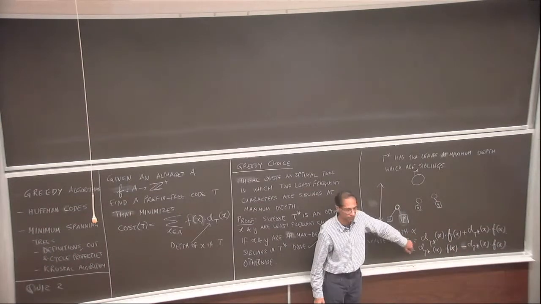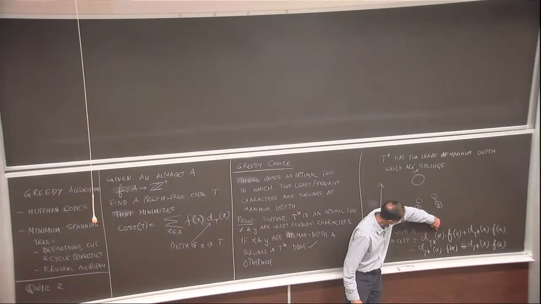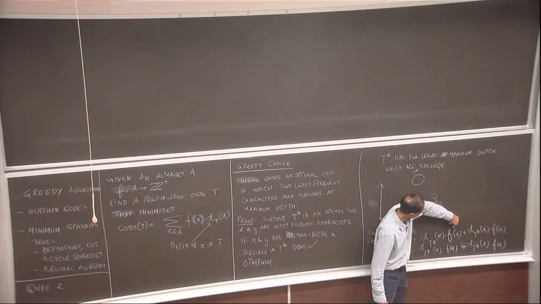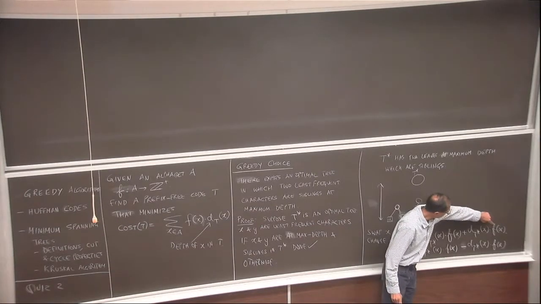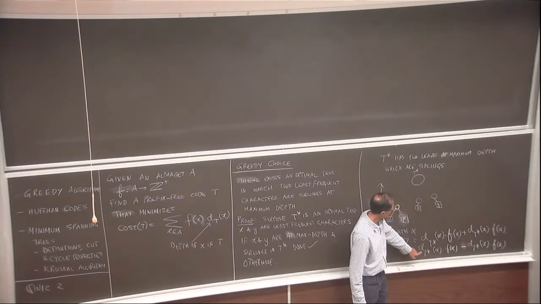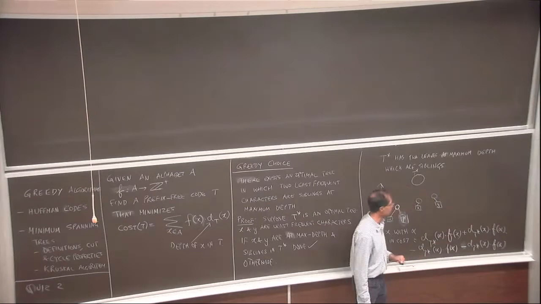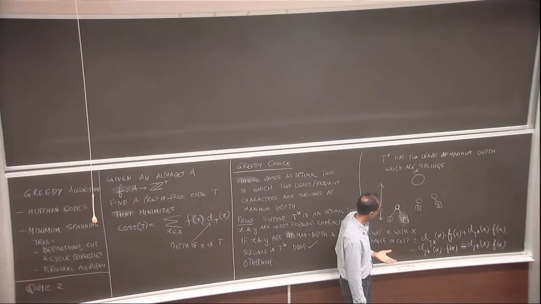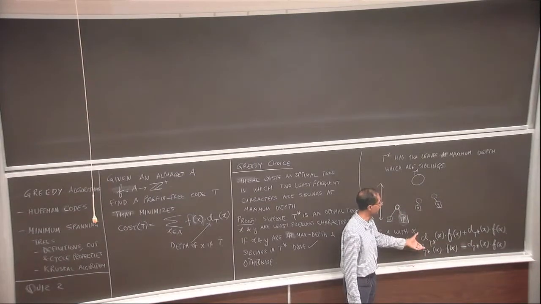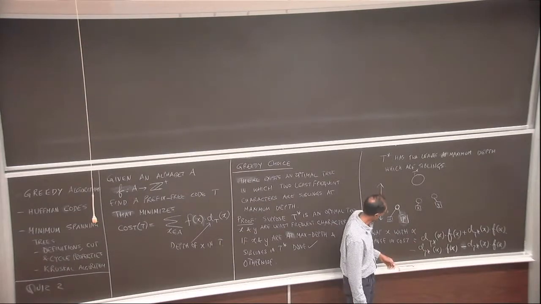Everybody see that? Previous depth of alpha times frequency of X plus previous depth of X times frequency of alpha, minus previous depth of alpha times frequency of alpha, minus previous depth of X times frequency of X. Okay? I want to say that this cannot be positive. It can only be 0 or less than 0. Why is that?